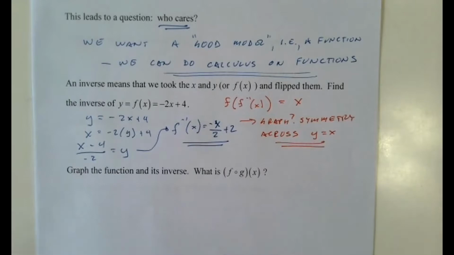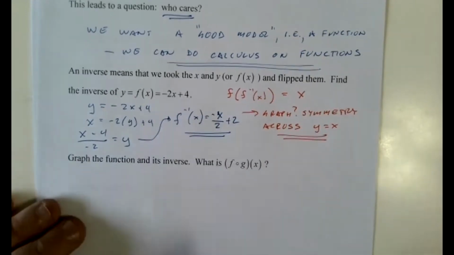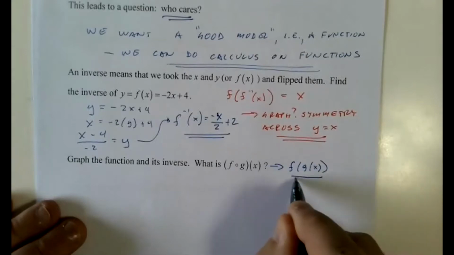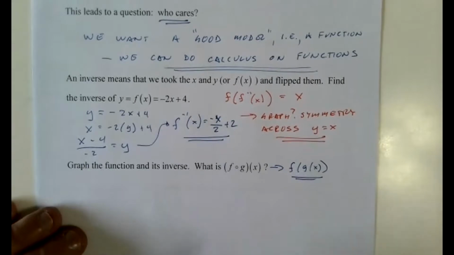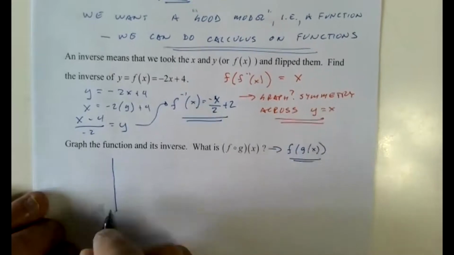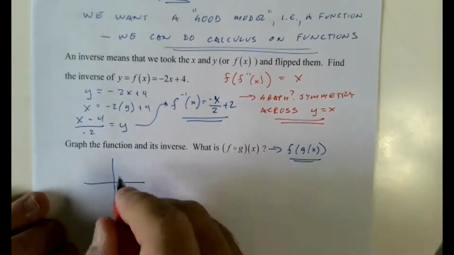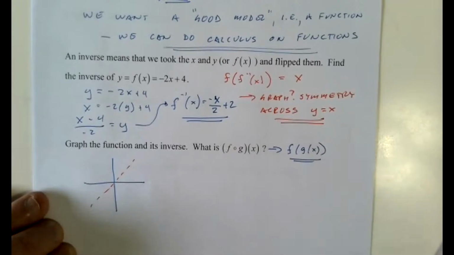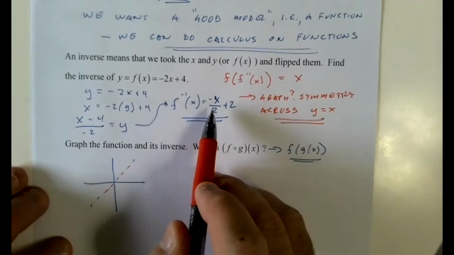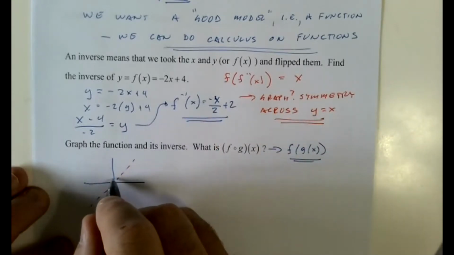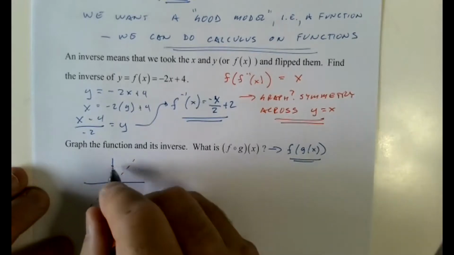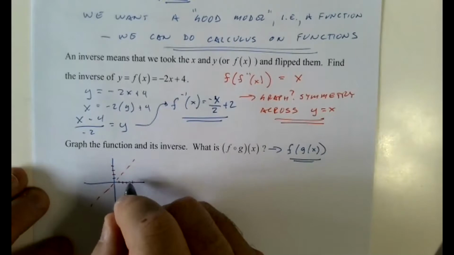Now, I was going to say we should graph it, but my notes actually say this is the same as f of g of x. I do not see this notation ever on the AP exam. I just want to make sure you're aware of it. So let's check it with graphing and then let's check it algebraically. We're going to need this y equals x line eventually. So negative 2x plus 4, I feel like that's wrong, and we'll find out. 1, 2, 3, 4, and down 2 over 1, 2, 3, 4.